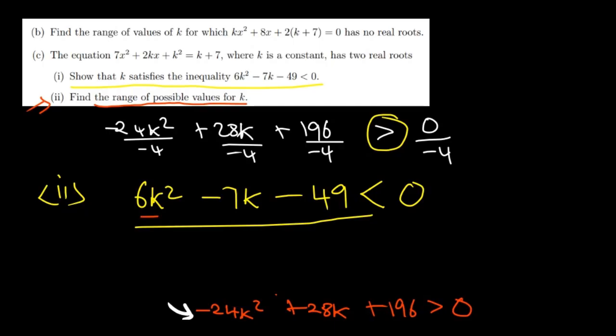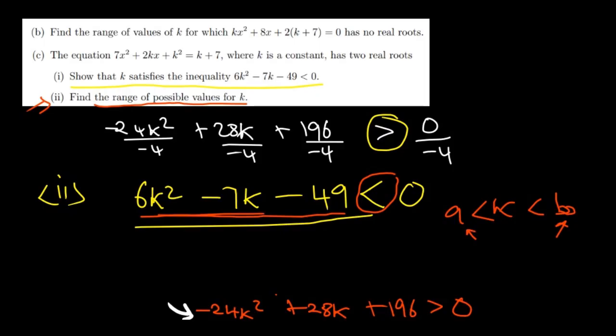We just have to solve this quadratic and apply the rules depending on the sign. Here we have a less than, so our answer should be in the form a less than k less than b, where b is the bigger number and a is the smaller number. Let's solve it.